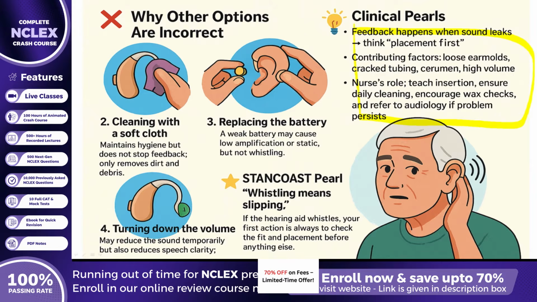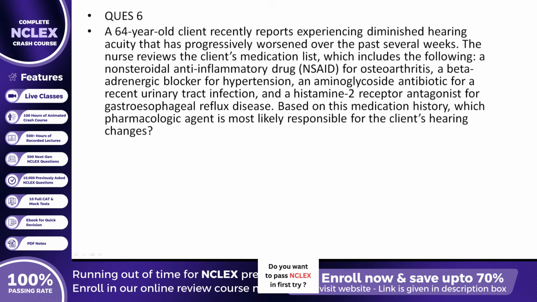Let us smoothly transition into the next NCLEX-style question with a focus on pharmacology and sensory changes. A 64-year-old client recently reports experiencing diminished hearing acuity that has progressively worsened over the past several weeks.